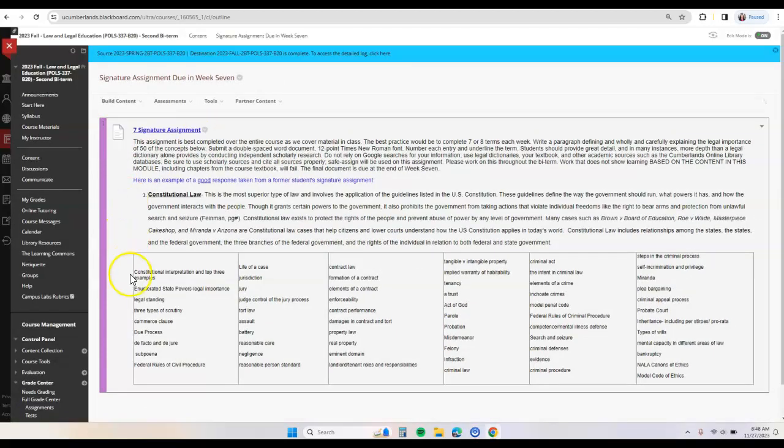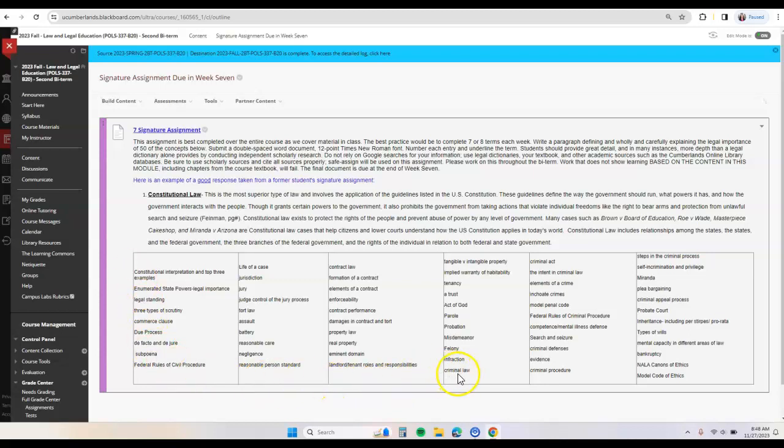If you click in this folder, you will see the assignment with the example here of what I'm looking for in each response. Remember, this is not going directly to a legal dictionary and putting out just the definition. It's showing how the course material gave you a deeper understanding of each one of these concepts.